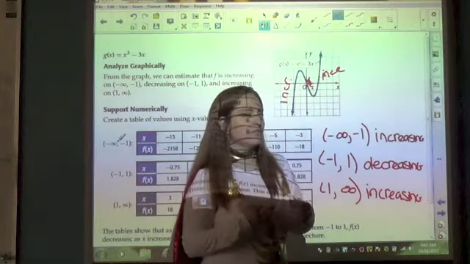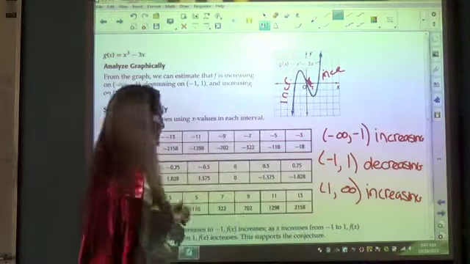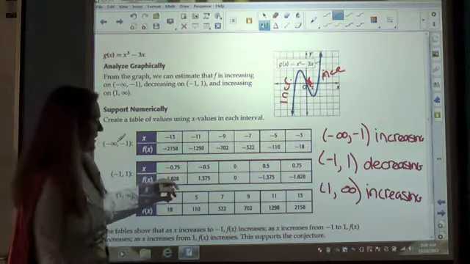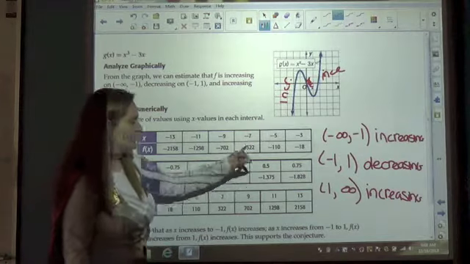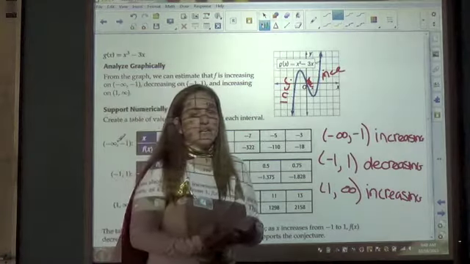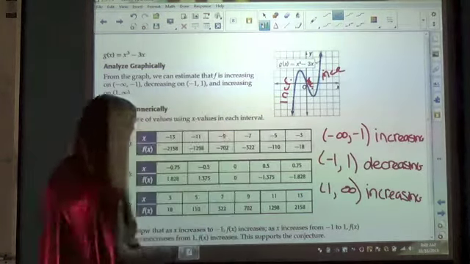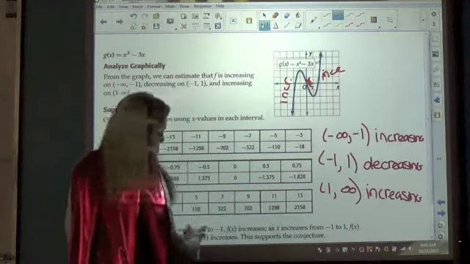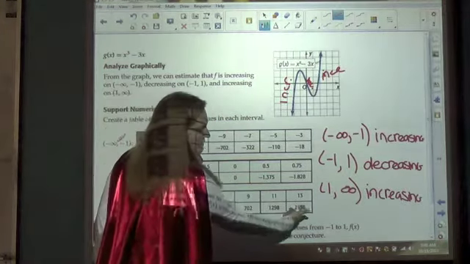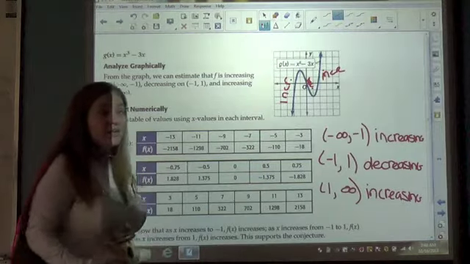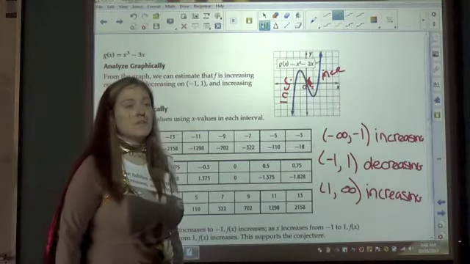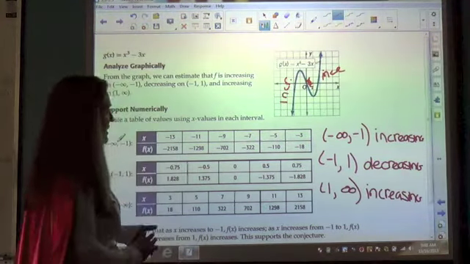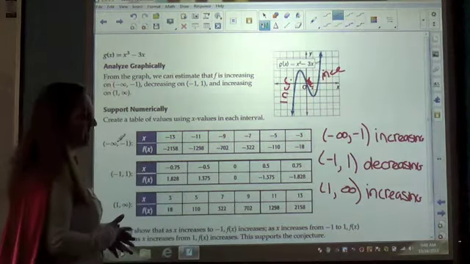So that's proving it numerically, just plugging it in. This is going from negative 1 to 1, so it's decreasing, decreasing, decreasing. It's just plugging the values in of the interval. Okay? And then 1 to infinity, 3, 5, 7, they just went by, and the values are increasing. So it's just plugging it in. If you can't plug in by now, then you really shouldn't be in the class anymore. Okay, so that is increasing and decreasing intervals.